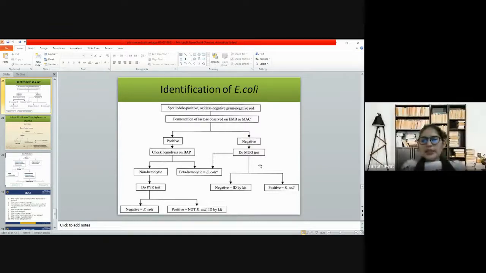But if the bacteria is hemolytic, then if the test is negative, do the MUG test. It can show the bacteria as beta hemolytic E. coli, and if negative, identify by the kit, and if positive, then E. coli is present.